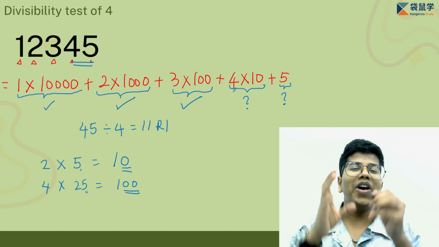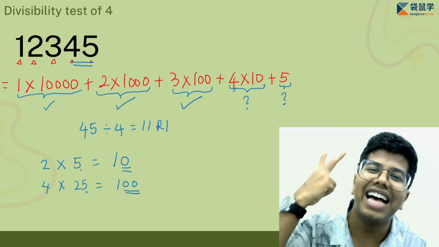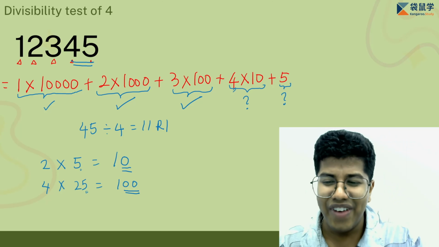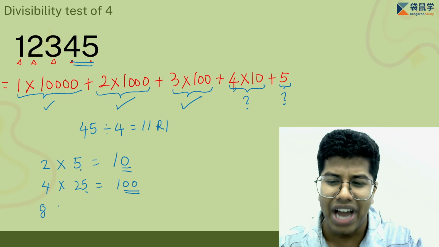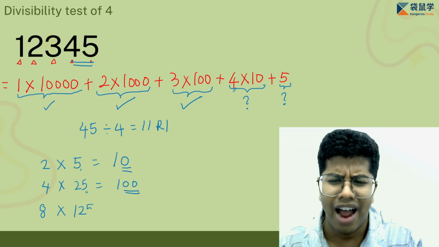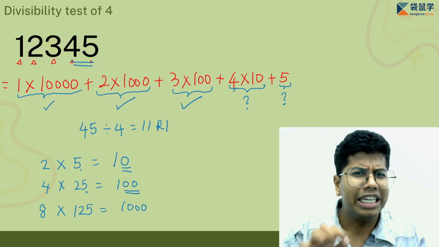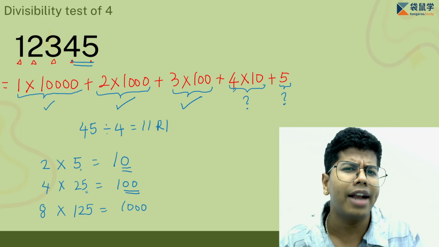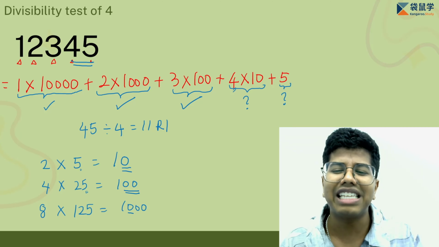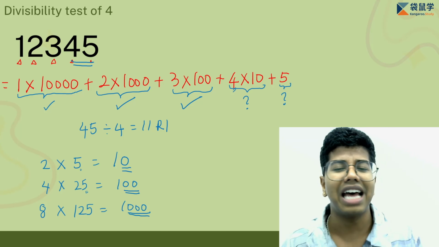So here for 25, we just have to check the last 2 digits. Then if I increase the number, that is 8 times 125, then it's nothing but 1000. So how many digits do I have to check for 125? Yes, we just have to check the last 3 digits.